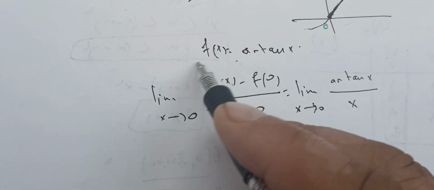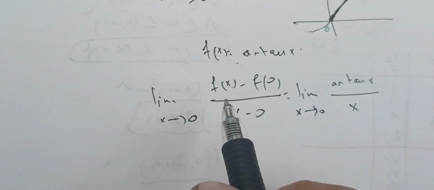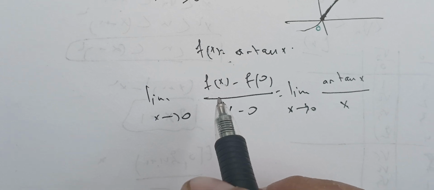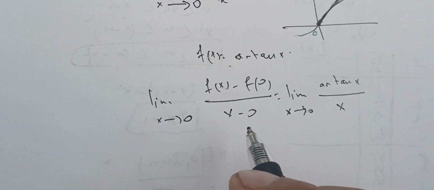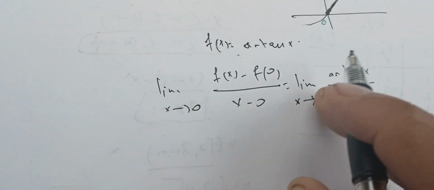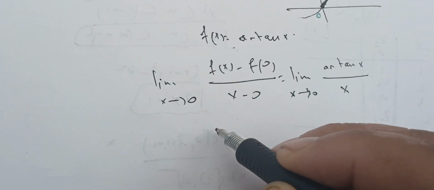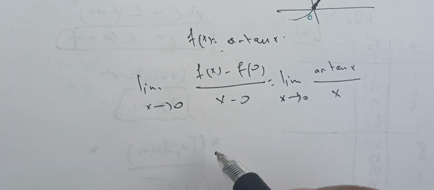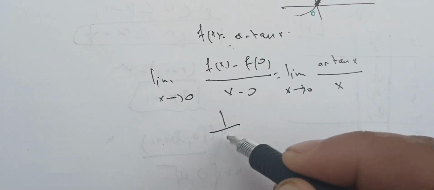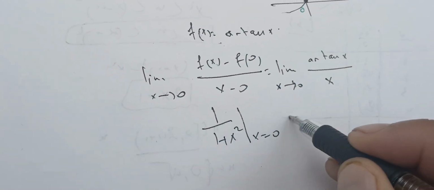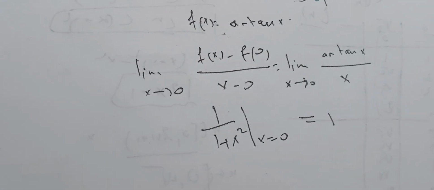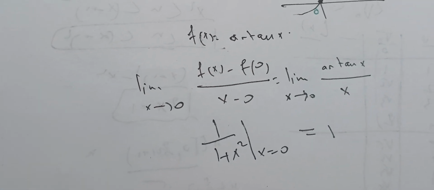This is the derivative at 0 of our function. So here we know that the derivative of the arctangent is 1 over 1 plus x squared. When we evaluate at 0, we get 1. So this is one way of getting this limit as well.